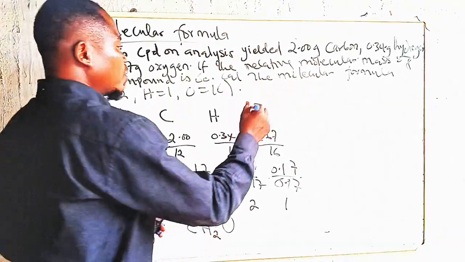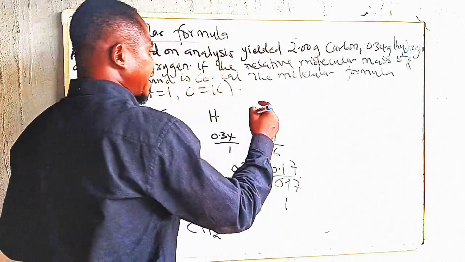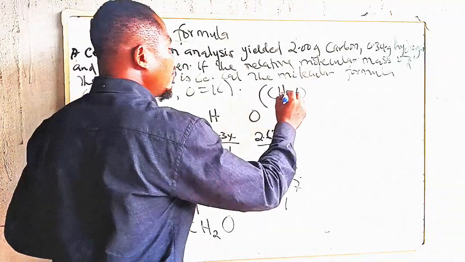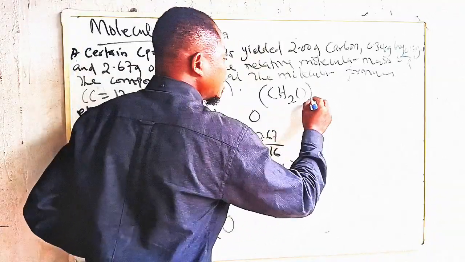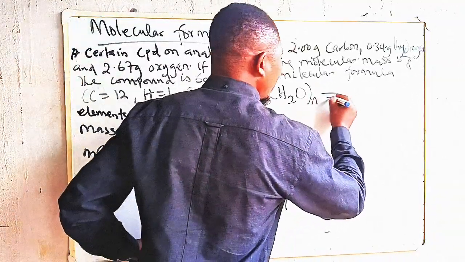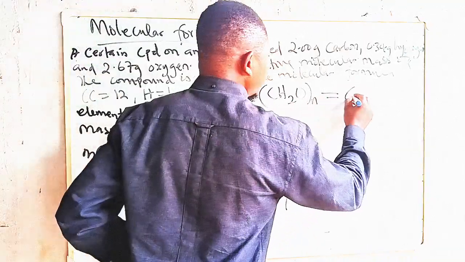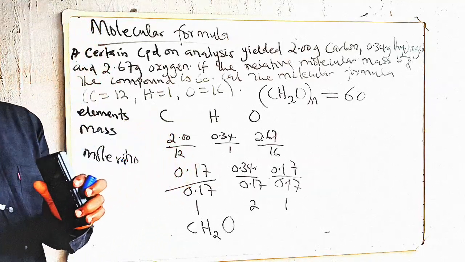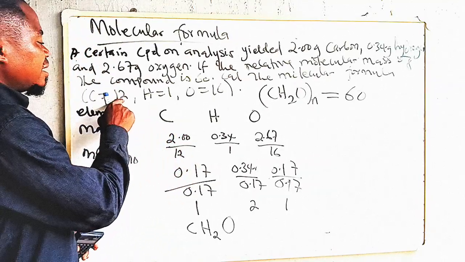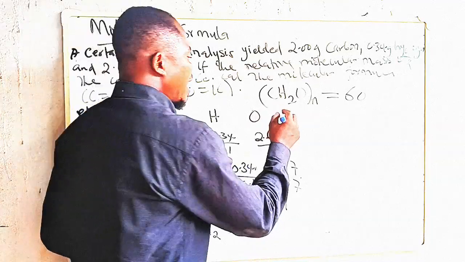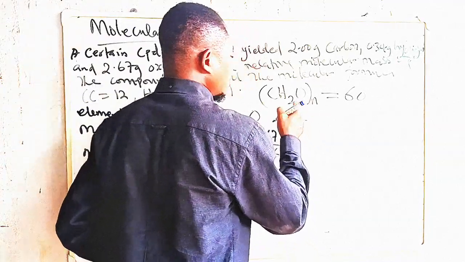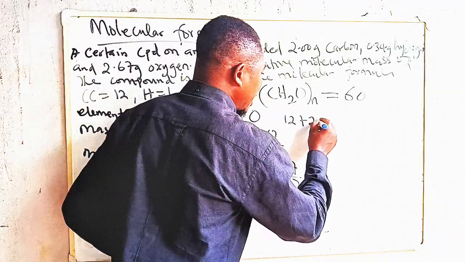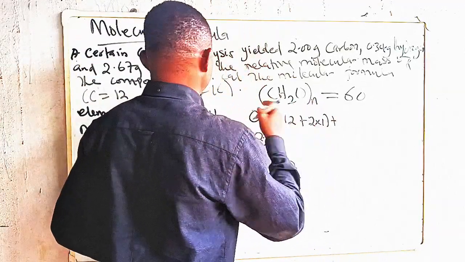Now, from this empirical formula, we know that since they are just a ratio, the actual number of each element in this compound, if we call it n, means this is going to be n. When we find our molecular formula, everything will give you 60. Do you remember how to calculate molar mass? We substitute the relative atomic masses for each. Carbon is 12 plus hydrogen, which is 1, but there are 2 atoms of hydrogen, so 2 times 1, plus oxygen, 16.